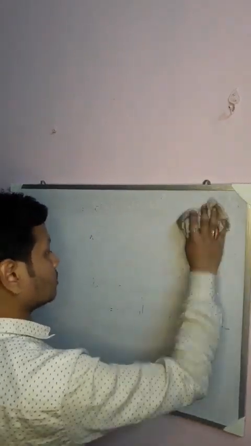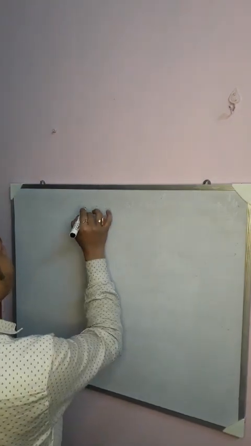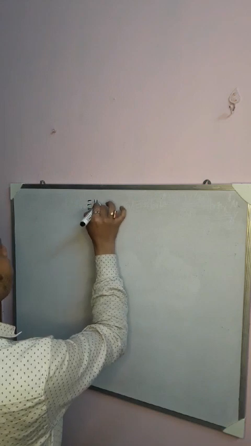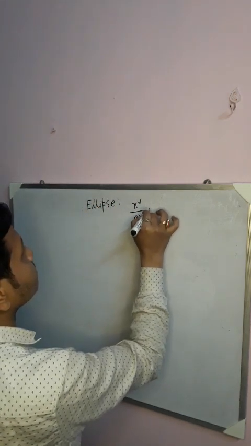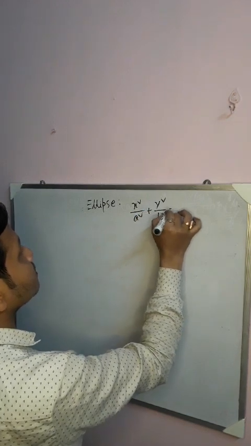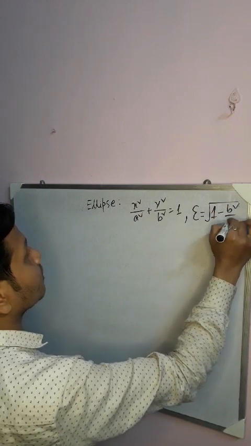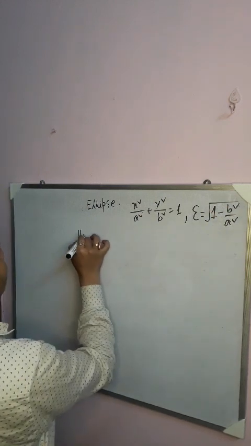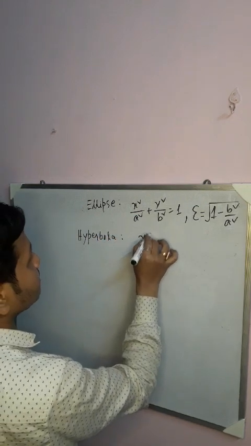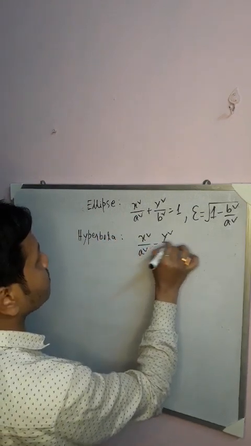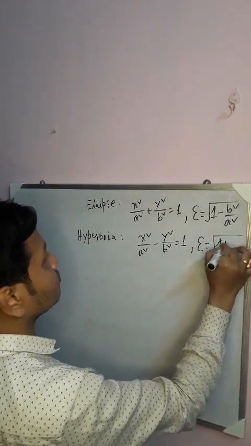Now you have to remember a few things. For an ellipse, the equation is this, and the corresponding eccentricity is always less than 1. For a hyperbola, the equation is x square by a square minus y square by b square equal to 1, and the eccentricity is always greater than 1.